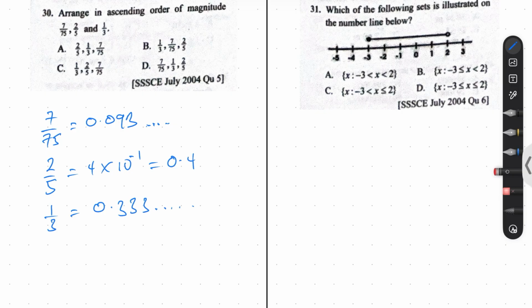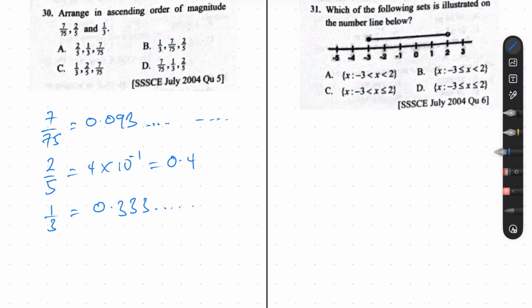We need to compare these values and see which is the biggest. So it says in ascending order. So we look at the smallest, then the bigger, then the biggest, right? So 0.093 is smaller than 0.4 and smaller than 0.3. So it comes first.